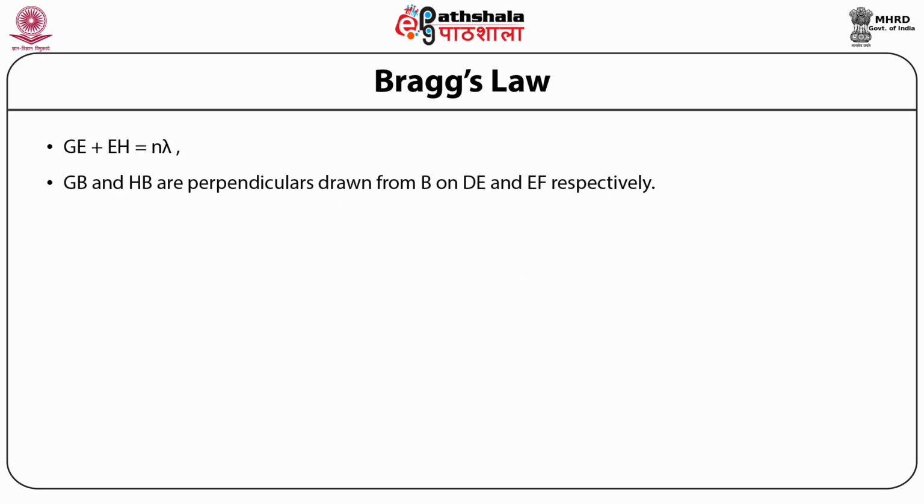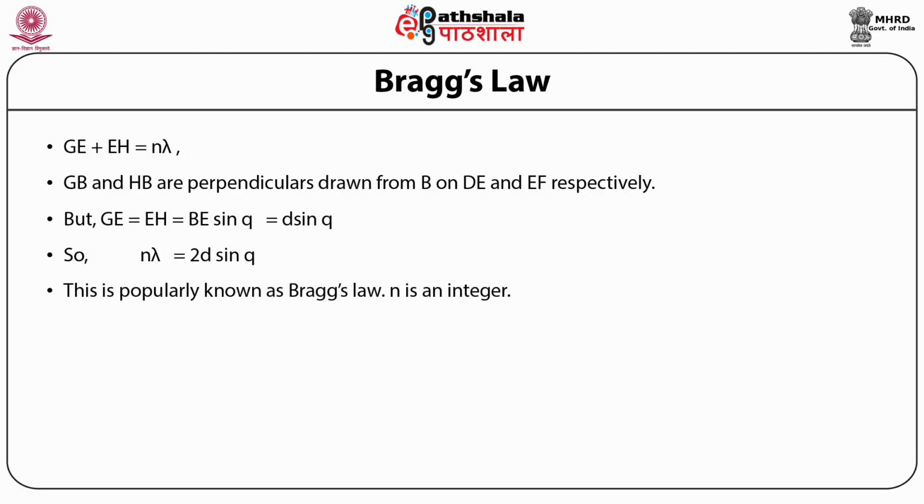GB and HB are perpendiculars drawn from B on DE and EF respectively. But GE is equal to EH, which is equal to BE sine theta, which is equal to d sine theta. So n lambda is equal to 2d sine theta. This is popularly known as Bragg's law.